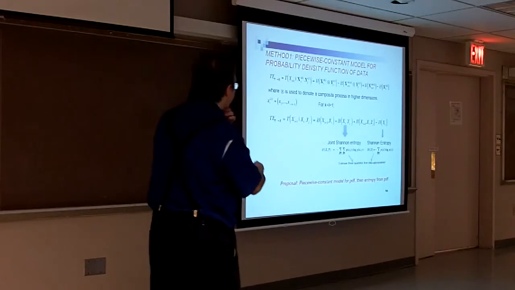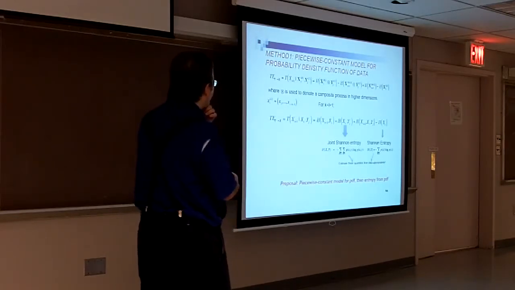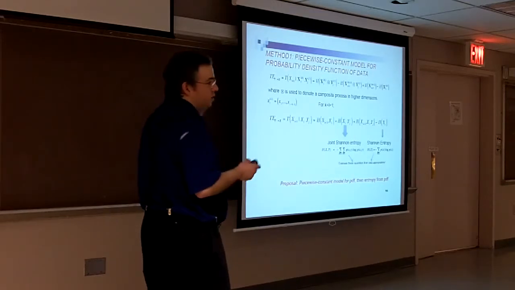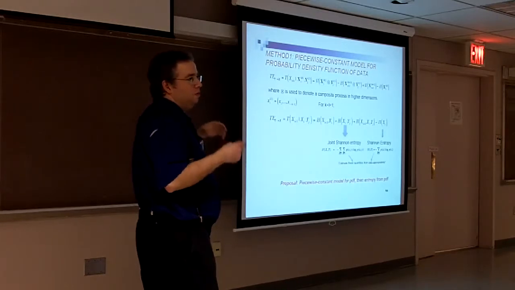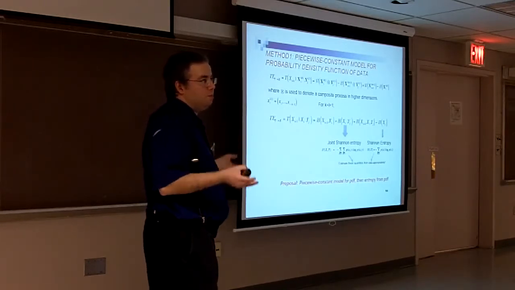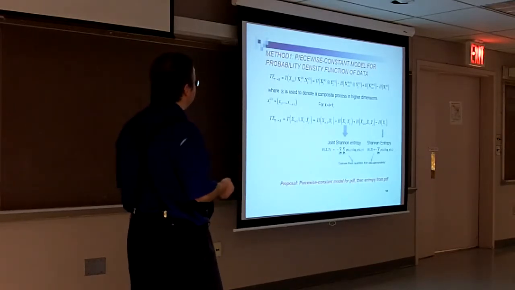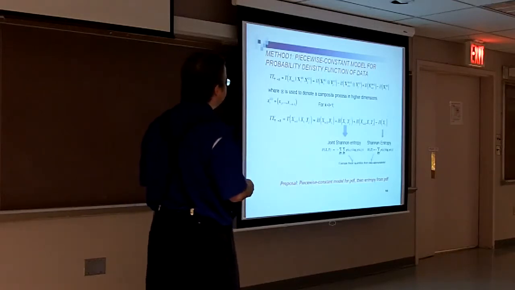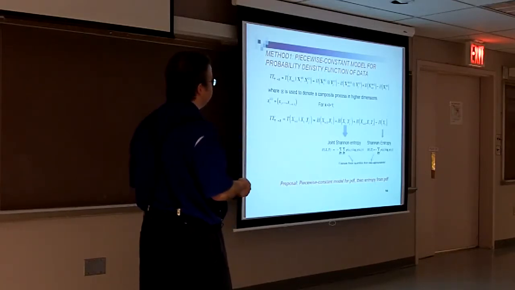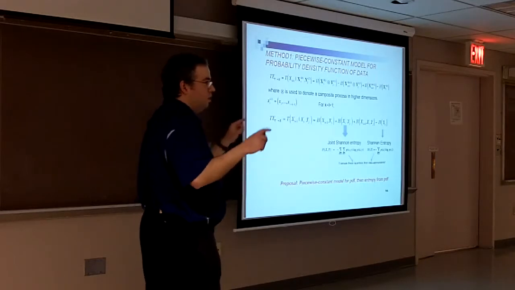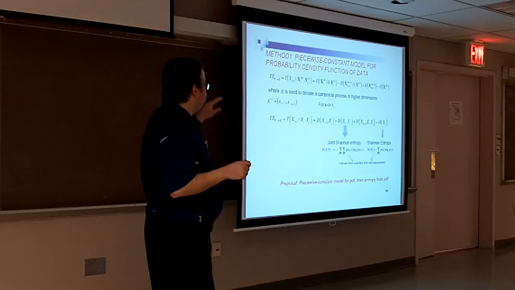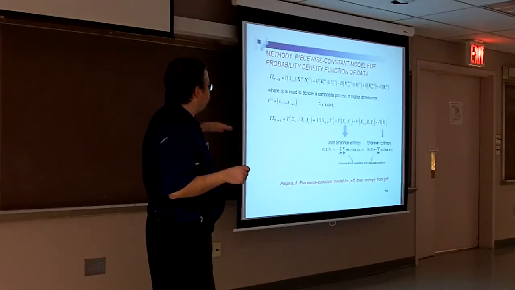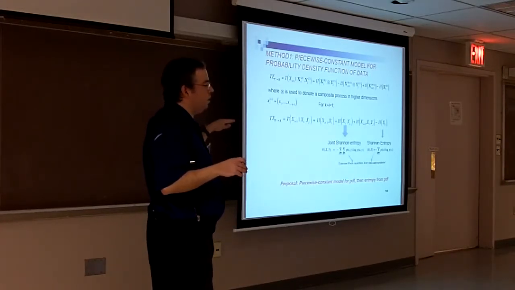Okay, transfer entropy, method one. How can we estimate the entropy by using our methods? As I said, first we have to estimate the PDF, right? This is called a piecewise constant model for the probability density function. To make things simpler, I'm going to call it a histogram for the moment.